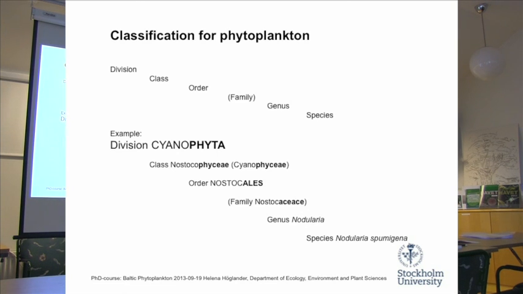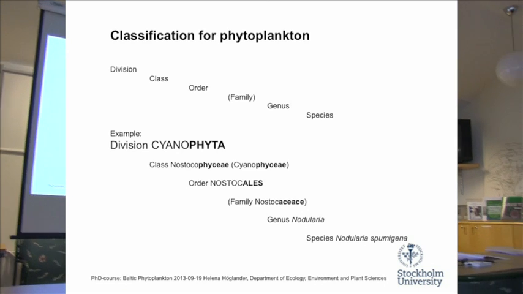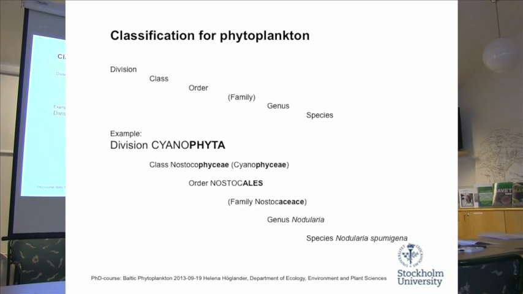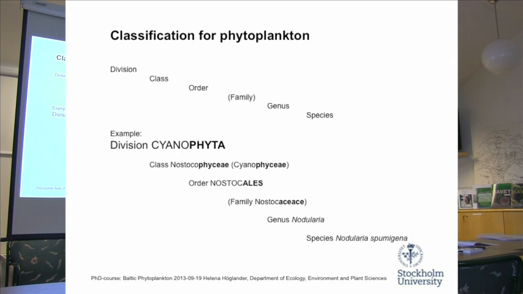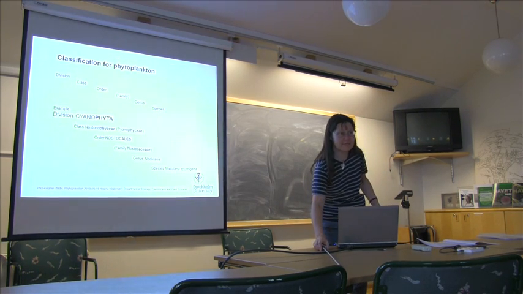But this is the floral way of naming species. The division is ended by phyta. The class is ended by physe, and the order ales, family aceae, and then we have the genus and the species name.